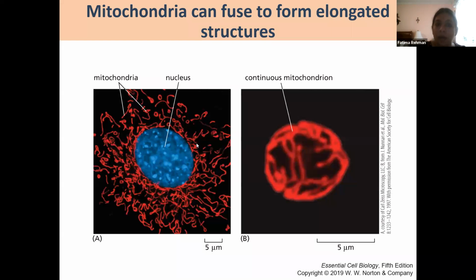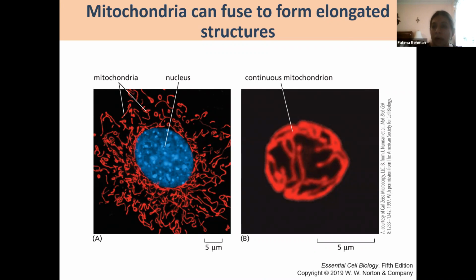So if we were to look at our general cells, you would notice that the mitochondria are also quite numerous, and they can be individual, just a few clusters of them here and there. In some cells, we will notice that they form elongated structures, which are basically continuous mitochondria lined up against each other, similar to what you saw in cardiac tissue.